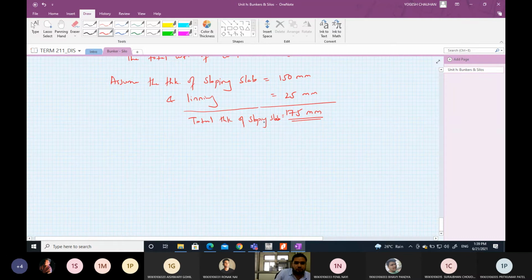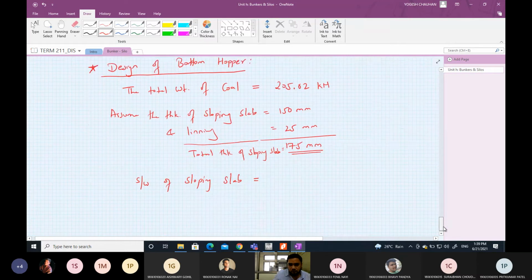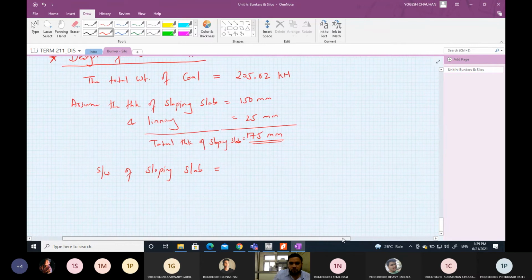So let us find the self weight of this sloping slab. Self weight of sloping slab is equal to, this is 1 meter.